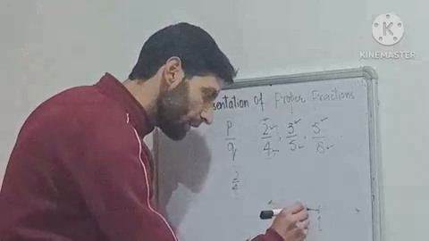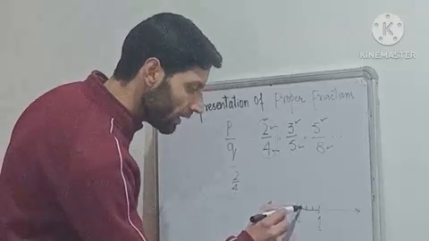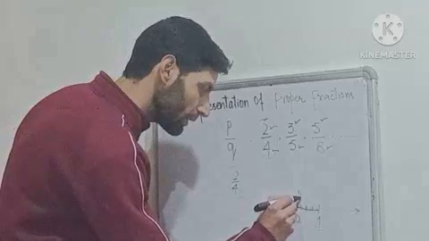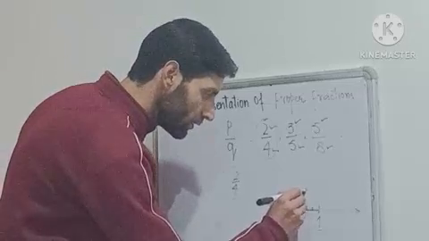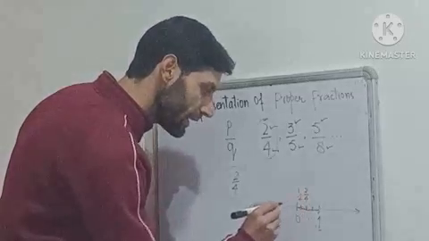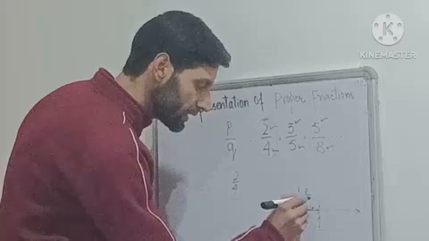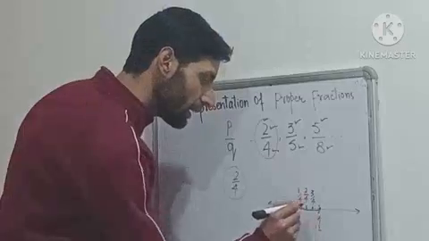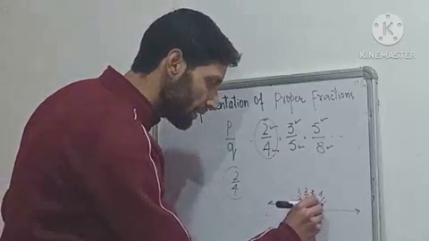So we will divide this part into 4 equal parts. जो पहला पॉइंट होगा ये डिजिग्नेट करेगा पहला पार्ट आउट ऑफ 4 पार्ट्स. So second point will denote 2 by 4, second part out of 4 parts. Similarly ये जो तीसरा पॉइंट होगा ये 3 by 4 को रिप्रेजेंट करेगा. चौथा जो पॉइंट है ये 4 by 4 को रिप्रेजेंट करेगा.